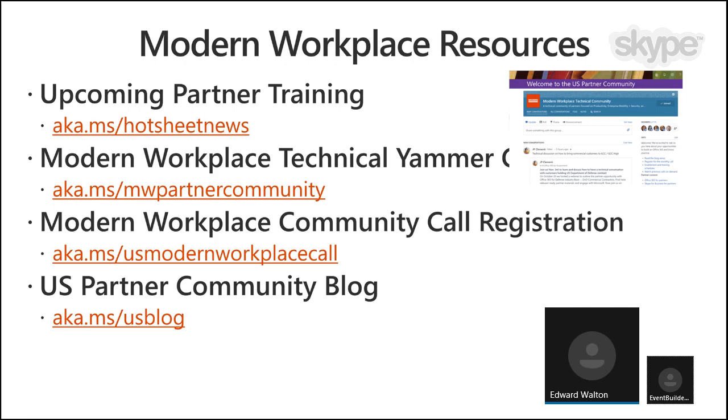We also have the partner community blog, where a lot of these calls have a corresponding blog write-up about the content of the call that generally occurs after the blog has been posted. This slide deck will be presented at the end of this presentation for anyone to go back and use as reference.